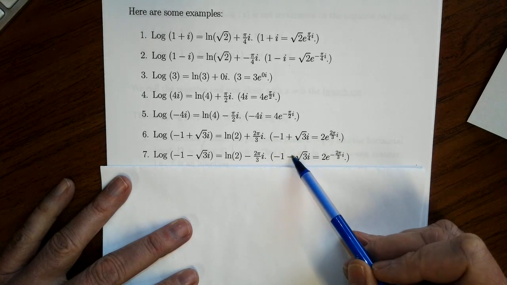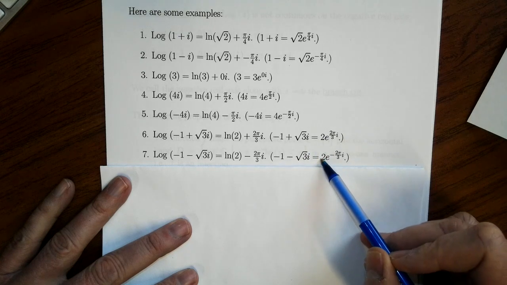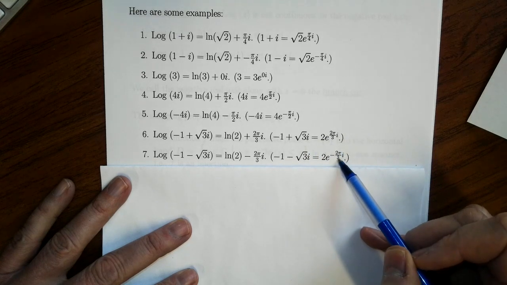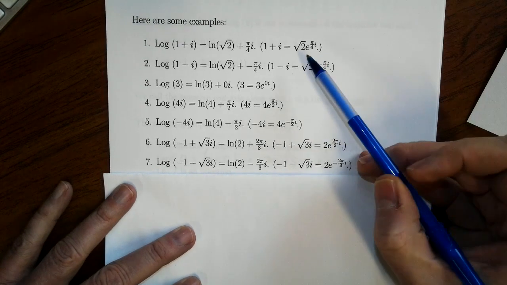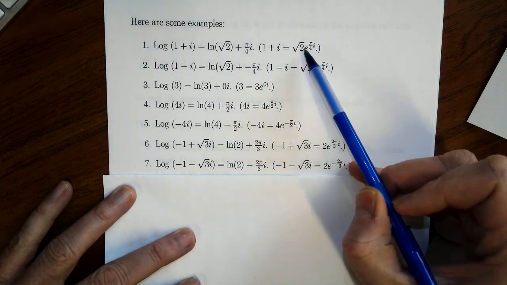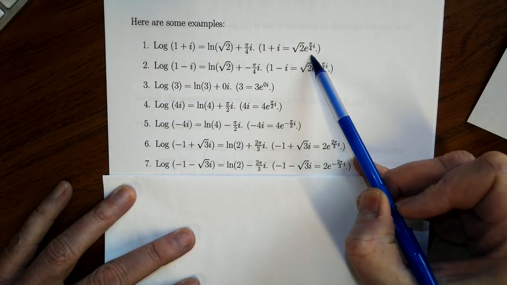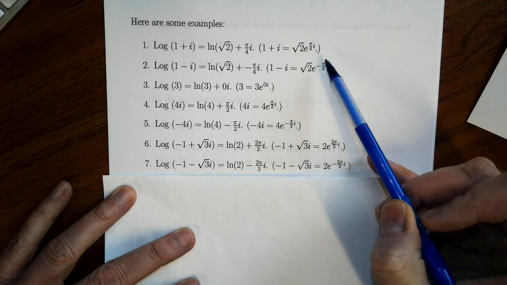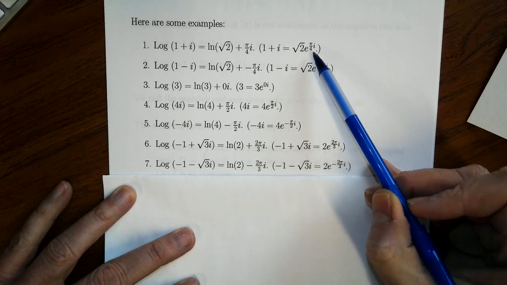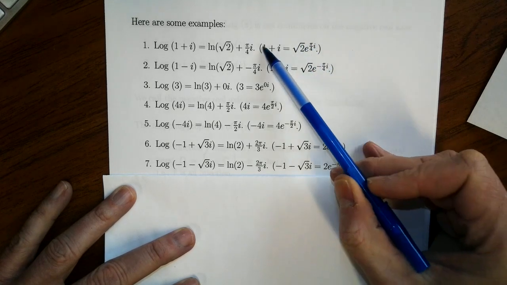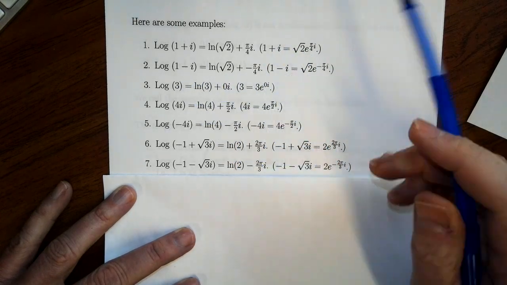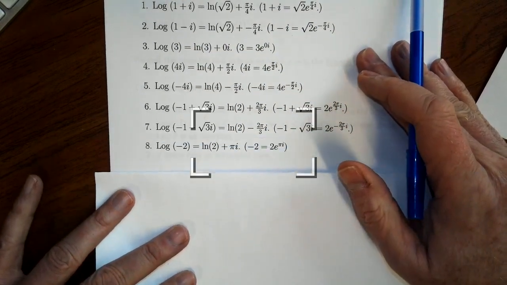And that's because minus 1 minus root 3i is 2 e to the minus 2 pi over 3 i. So the idea to take the log of a complex number is you have to write that number in polar form, and you have to make sure that the angle you use is between pi and negative pi, using a principal argument. And once you have this, it's fairly straightforward to write down what the principal log is.